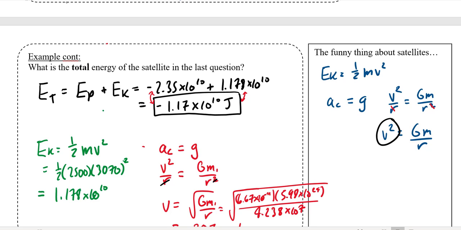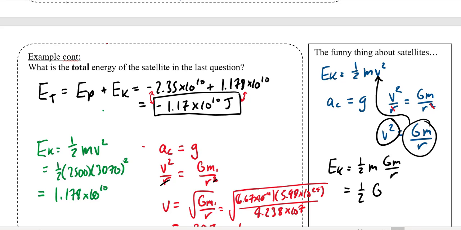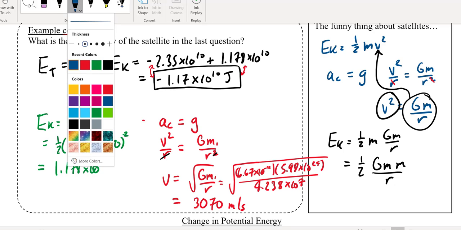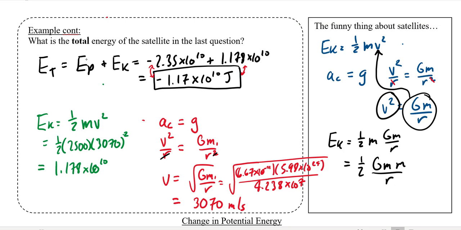Now notice that kinetic energy is 1/2 mv squared. So I could take this and substitute it in for v squared, and I would get kinetic energy is equal to 1/2 m times GM over r, which if I rewrite it is just 1/2 GMm over r. Now just cleaning up a little bit, because I got a little sloppy, I can see that this m is mass 2, the mass of the satellite, and this is mass 1.